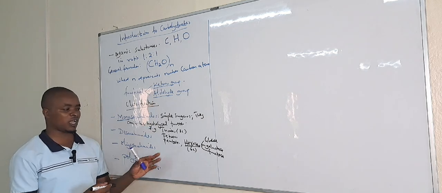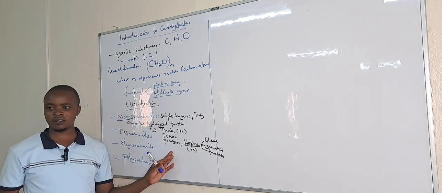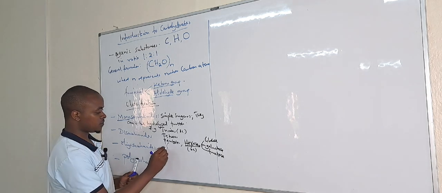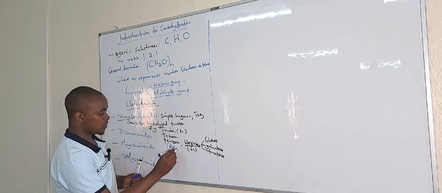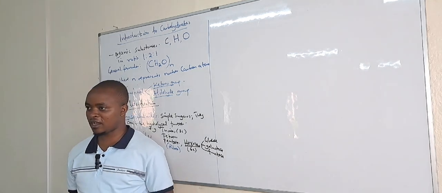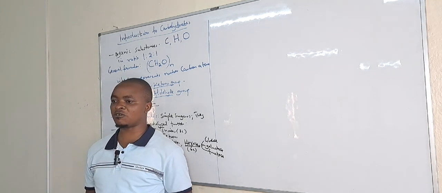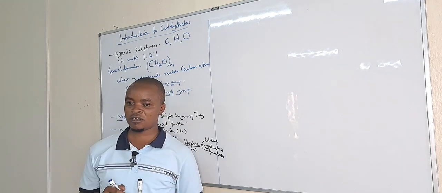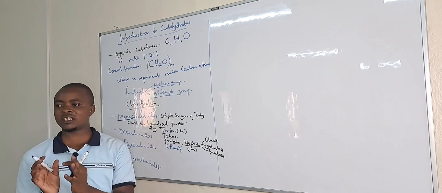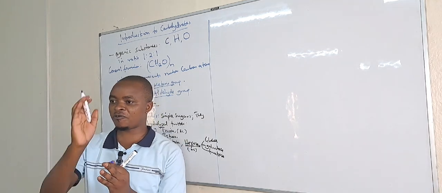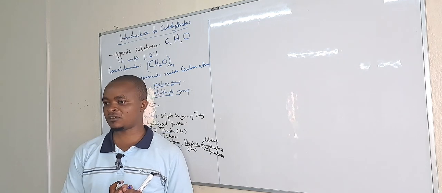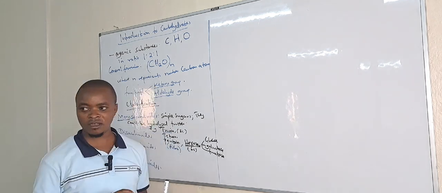Under pentoses we have an example of ribose, and these ribose sugars are used in the biosynthesis of DNA and RNA, whereby in DNA we have deoxyribose, in RNA we have ribose. Then the ones with 3 carbons, we remember in the glycolysis pathway, we have fructose 1,6-bisphosphate being broken down into dihydroxyacetone and glyceraldehyde 3-phosphate.